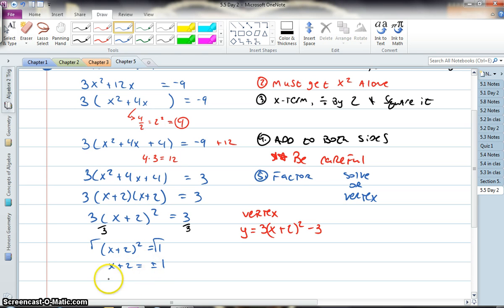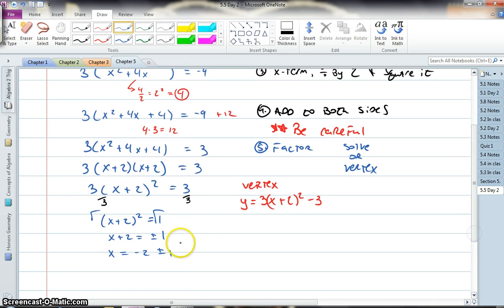Then subtract 2 from both sides. So x equals negative 2 plus or minus 1. My two solutions would be negative 2 plus 1 and negative 2 minus 1: negative 1 and negative 3. So in step 5, it could go either way depending on what the directions ask.